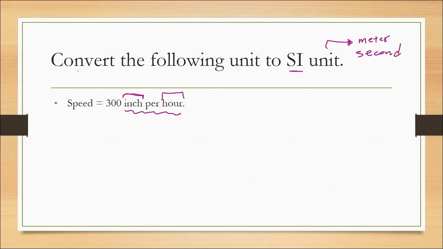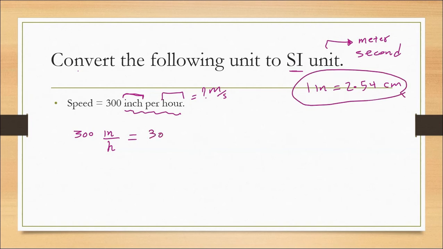So I want to convert this to meter per second. So I have 300 inch per hour. I know that 1 inch is equal to 2.54 centimeter. That's what I know.